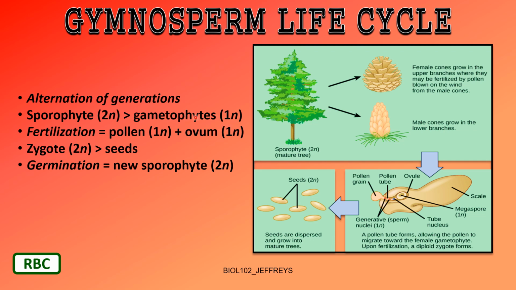Remember, gametophytes make gametes, so gametophytes are always 1N. Fertilization occurs, pollen is 1N, sperm is 1N, ovum is 1N, so now you're back to a zygote, which is 2N, and zygotes develop into seeds, and germination of seeds produces new sporophytes. All right, and now you're back to the 2N generation.